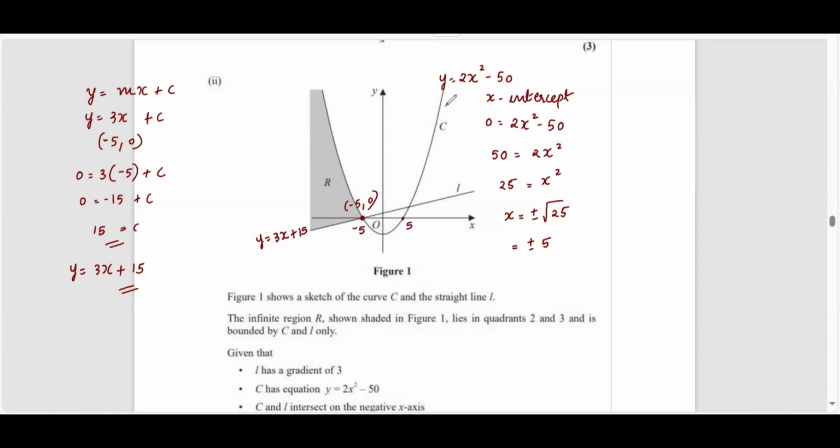The region that we have here, I can see that it is above the line y is equal to 3x plus 15. If it is above the line, then the inequality is going to be y is greater than 3x plus 15. Since the line L is a solid line, we can say y is greater than or equal to 3x plus 15.